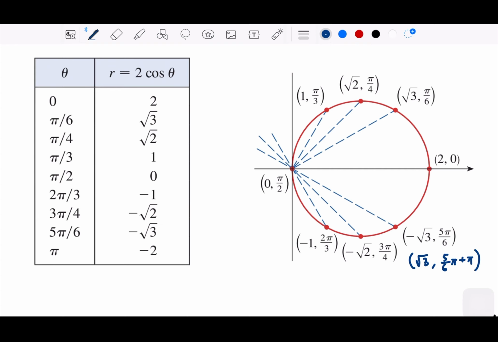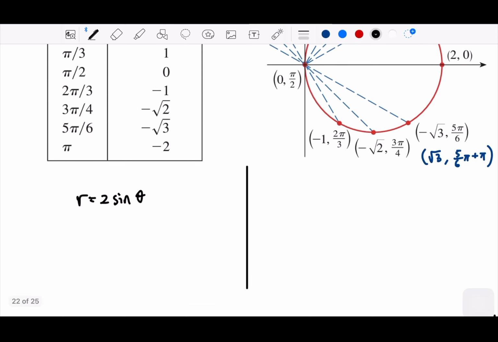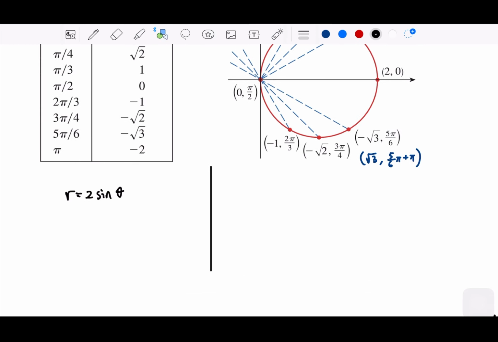So if you have, for example, r equal to 2 sine theta, you could try the same thing: make a table, take special values for each angle, evaluate, and then put it into the polar system. What you get is this. Let me just take this as the conclusion.